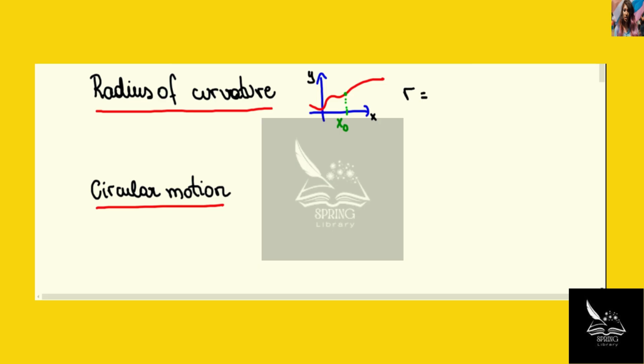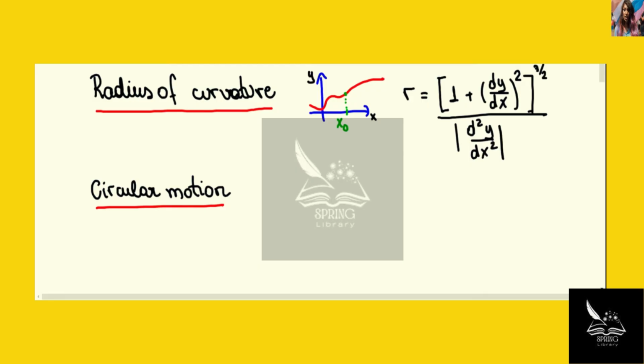The formula that we must use is that the radius of curvature is equal to 1 plus the derivative of y with respect to x squared, to the 3 halves, divided by the absolute value of d2y dx2. And this all must be calculated at x0. So this is the radius of curvature.